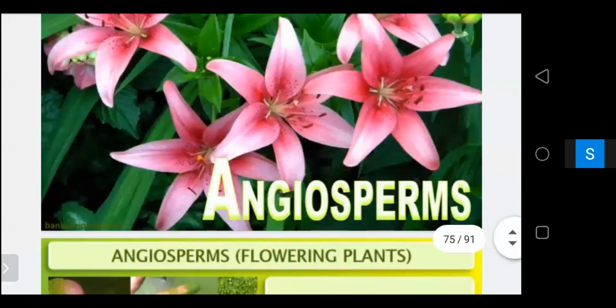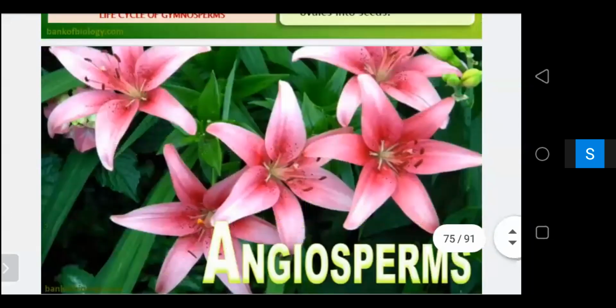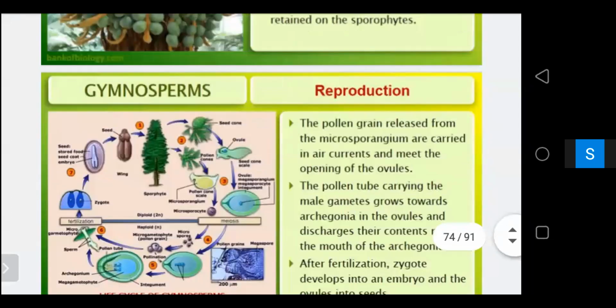I'll tell you the difference between the microsporophylls and the megasporophylls. Microsporophylls bear the microsporangia, and megasporophylls have the megasporangia. Microsporophylls contain numerous microspores. I told you the male gamete is always very high in number, and megasporophylls usually contain one megaspore.